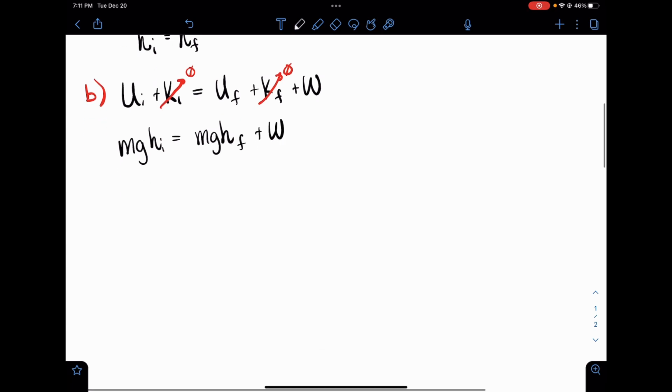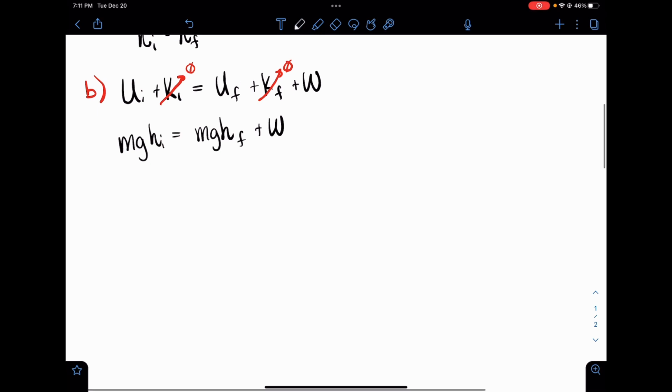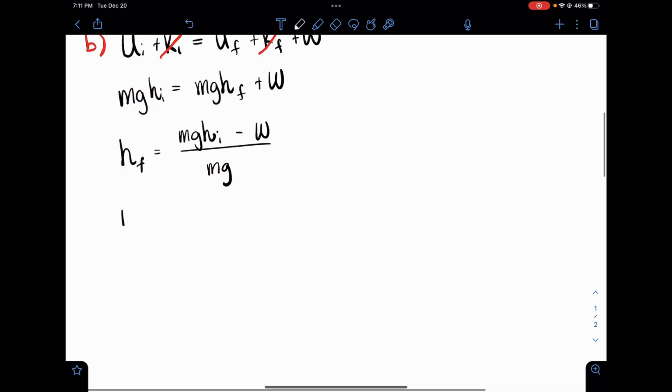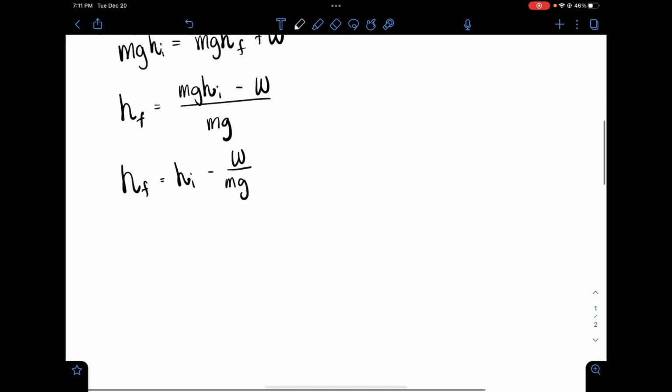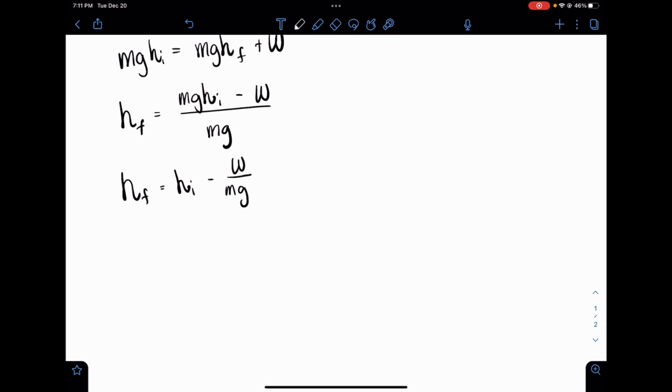So now we want to solve for our final height. So we have h final is going to equal mgh initial minus work, divided by mg. And you're going to get your final height is equal to your initial height minus your work done over mass times the acceleration due to gravity, which makes sense that your final height is less than your initial height because some energy is lost due to friction, excuse me.